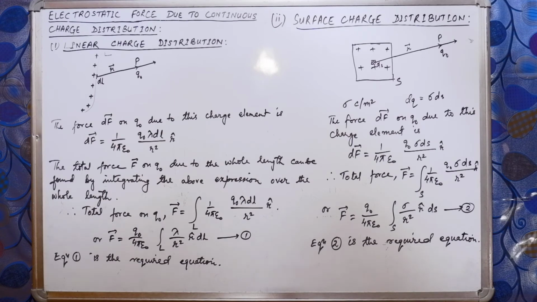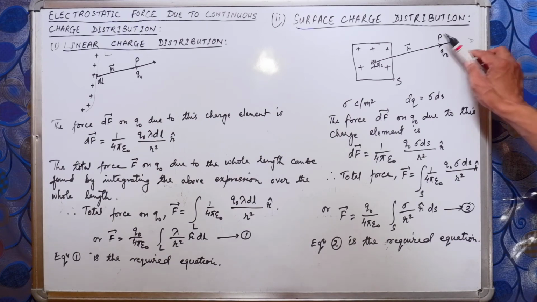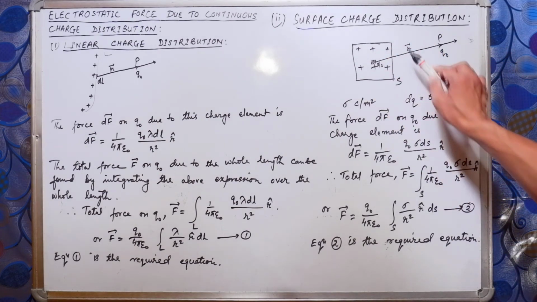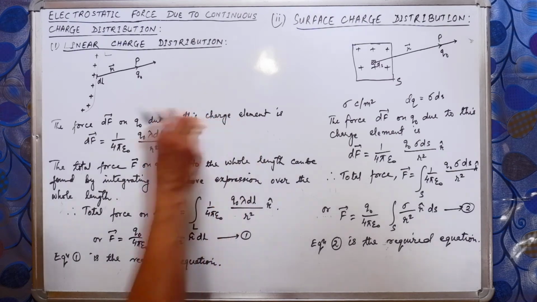It gives the expression of the force F on the charge Q naught due to a surface charge distribution on a surface S. So equation 2 will give us the total force experienced by the charge Q naught because of the total surface S. Now the third one is volume distribution of charge.